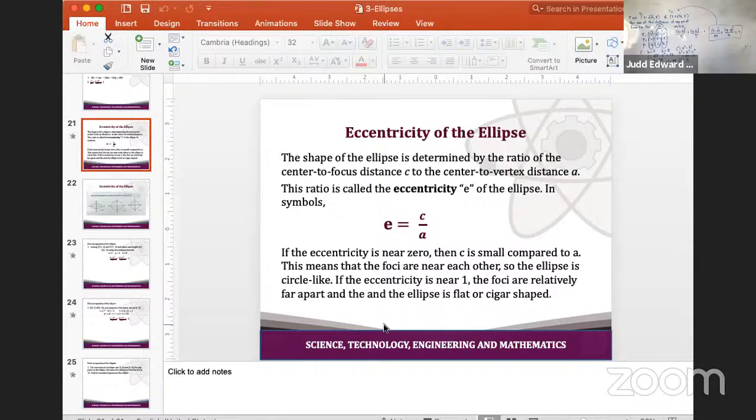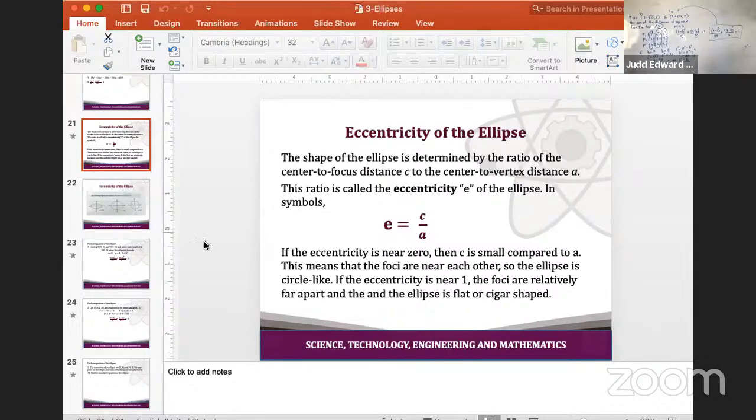It becomes a circle. Very good. Kapag yung eccentricity natin is equal to zero, therefore it becomes a circle. If the eccentricity is near 1, the foci are relatively far apart, and the ellipse is flat or cigar shape.